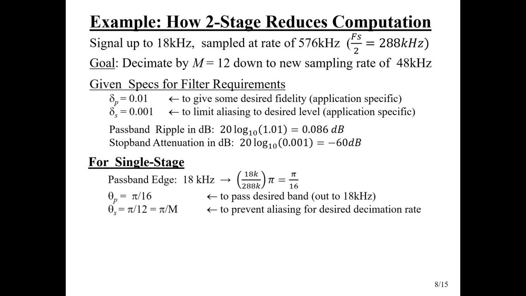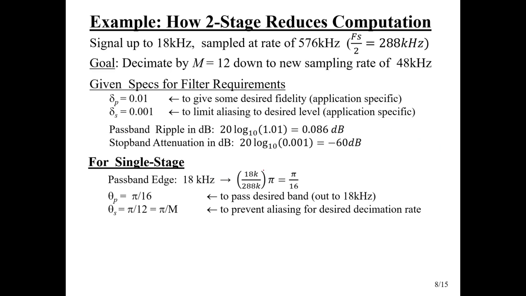And now we're going to look at what happens for the single stage. So we've got our 18 kilohertz passband edge. Where is that on the theta axis? So remember that theta is our discrete time frequency. I usually use capital omega, but here I'm choosing to use theta because I draw these from Proakis's book where he uses theta.